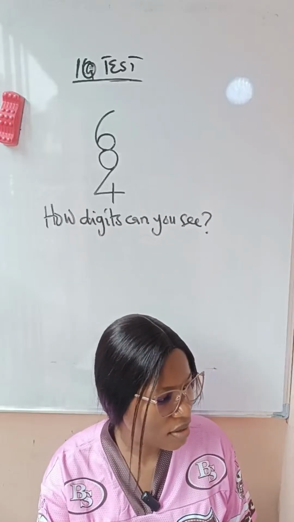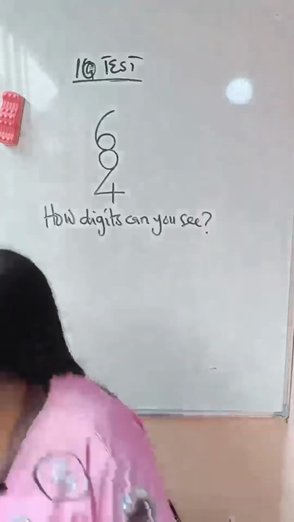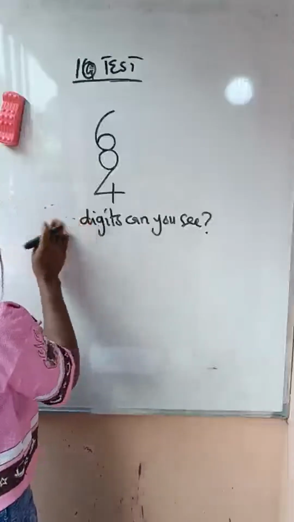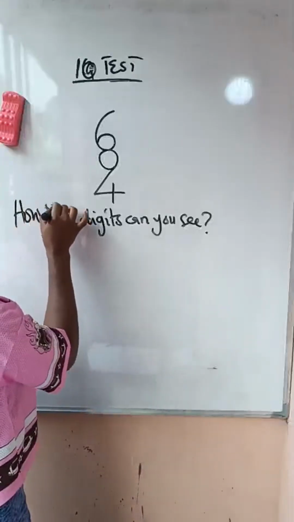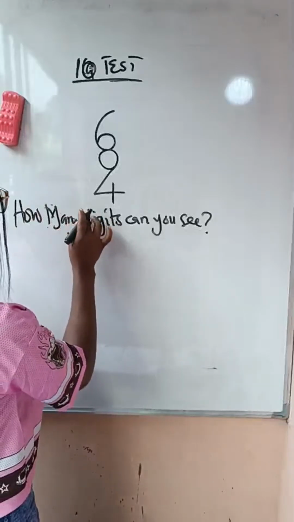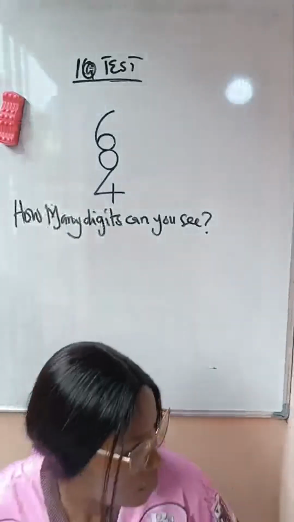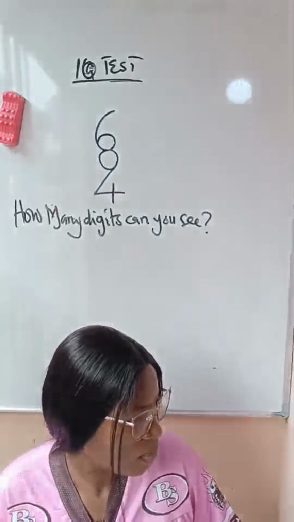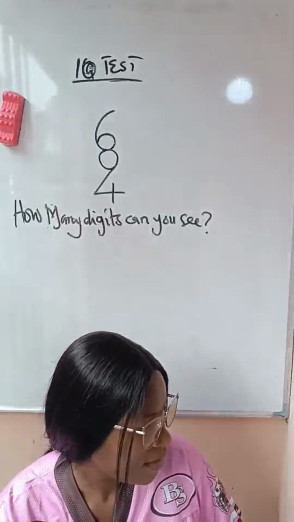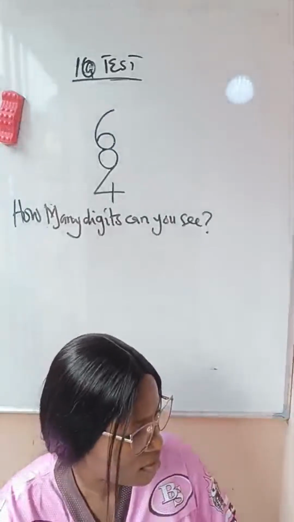All right, let's see how many digits. Oh, that question is wrong. How many digits can you see? Okay, all right. At PK says he can see 4 digits.